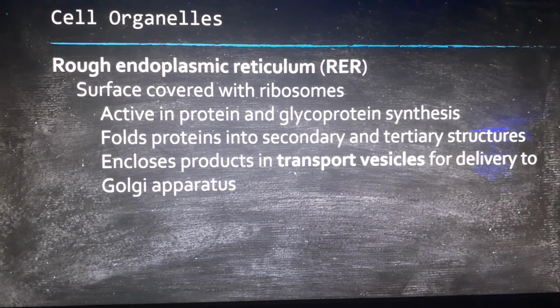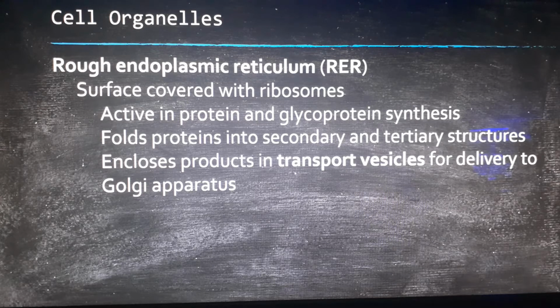The rough ER is covered with ribosomes, so it makes it look like it would have a rough surface. And so these are going to be protein factories that are creating proteins that are going to leave the cell. So we're going to make proteins and glycoproteins. We're going to fold them up to their secondary, tertiary structures within the rough ER. And we're going to package them into what are called transport vesicles and send them over to the Golgi apparatus.